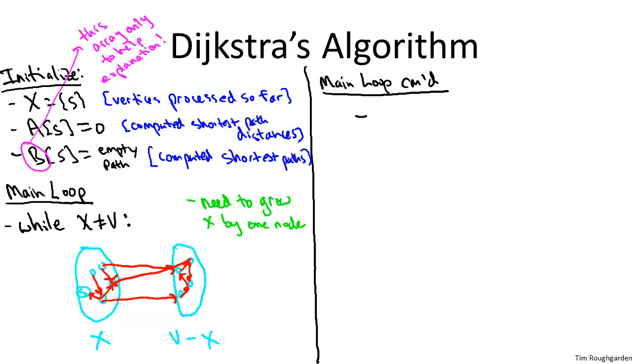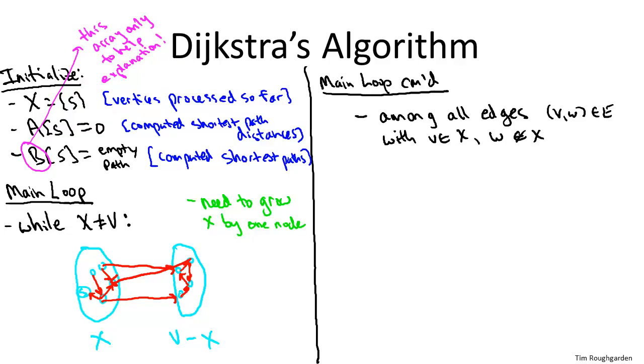So that's the first idea, but now we need a second idea, because this is again quite underdetermined. There could be multiple such vertices which meet this criterion. So for example, in the cartoon in the bottom left part of this slide, you'll notice that there's one vertex here, which is the head of an arc that crosses from left to right, and there's yet another vertex down here in V minus X, which again is the head of an arc which crosses from left to right.